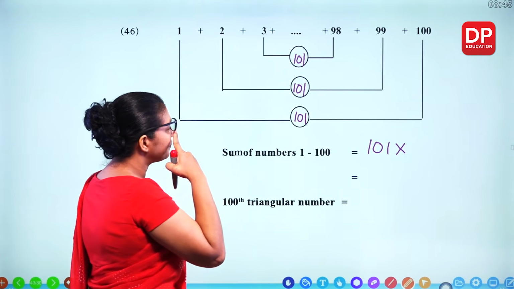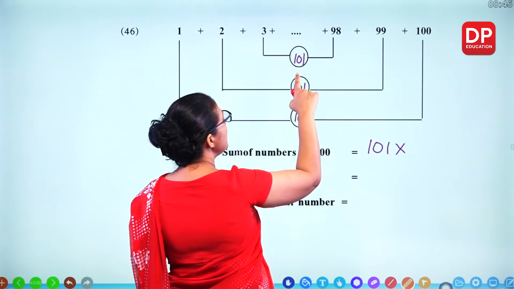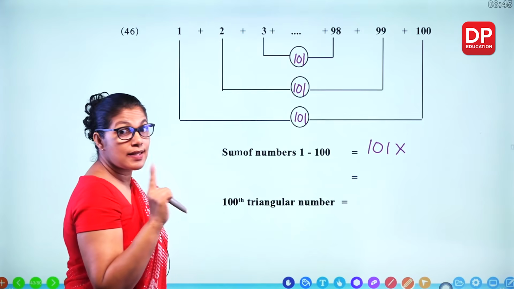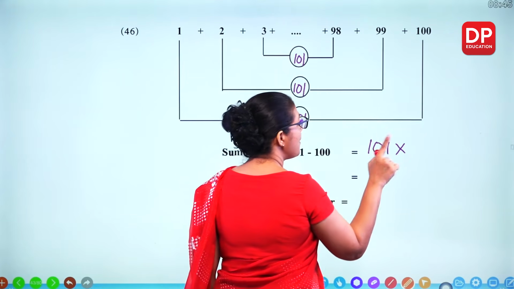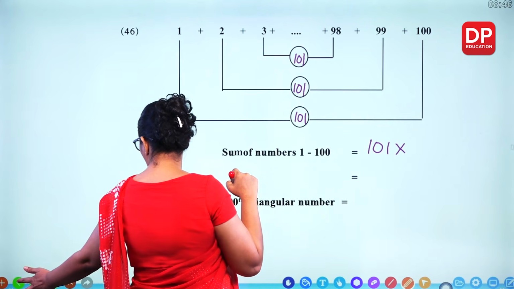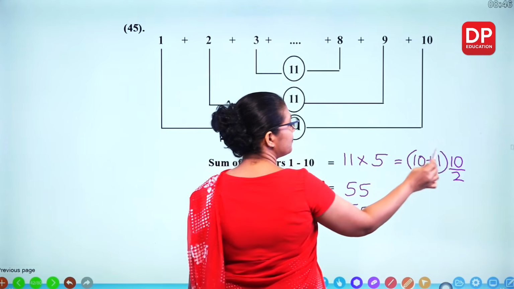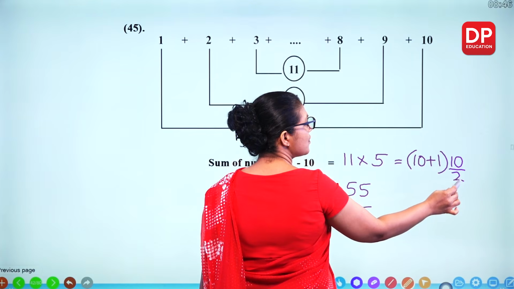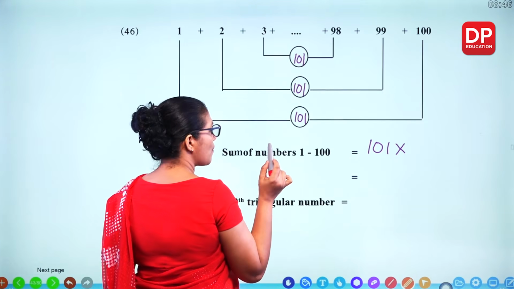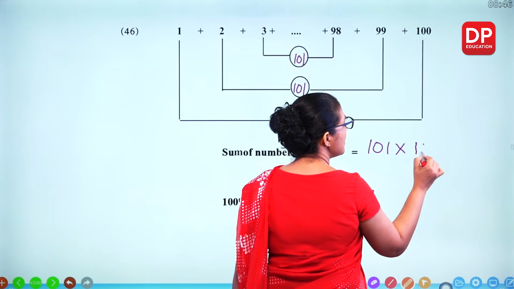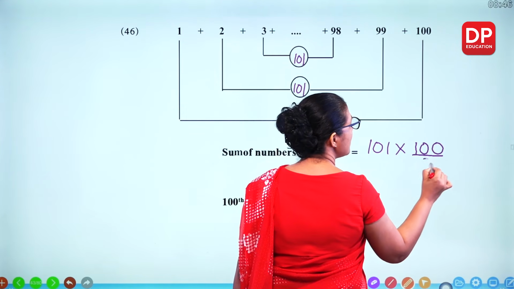That's 50 times. Can you remember the pattern we observed before? 10 divided by 2, if it's the 10th one. Likewise 50, how do you get it? 100 divided by 2.